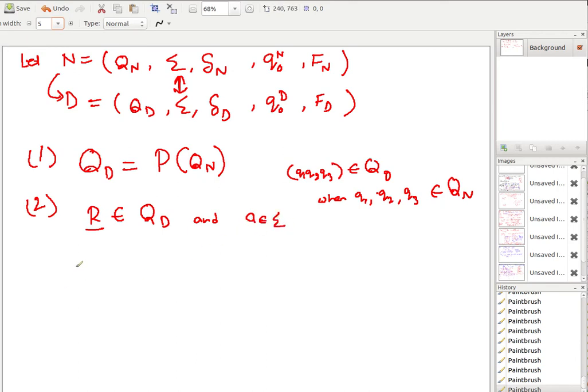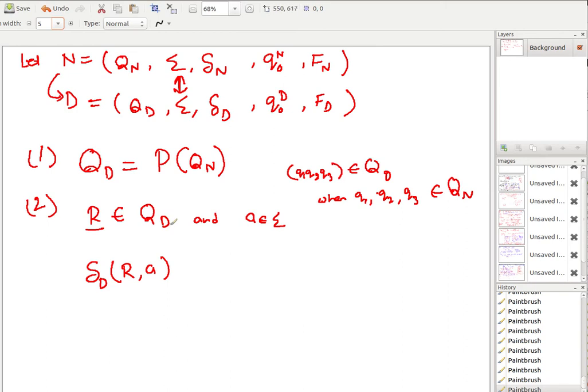Then you have to find delta D of R, A, because delta D is defined on what? Delta D is defined on some state of that DFA. So here I am taking some state of the DFA, because QD is all possible states.